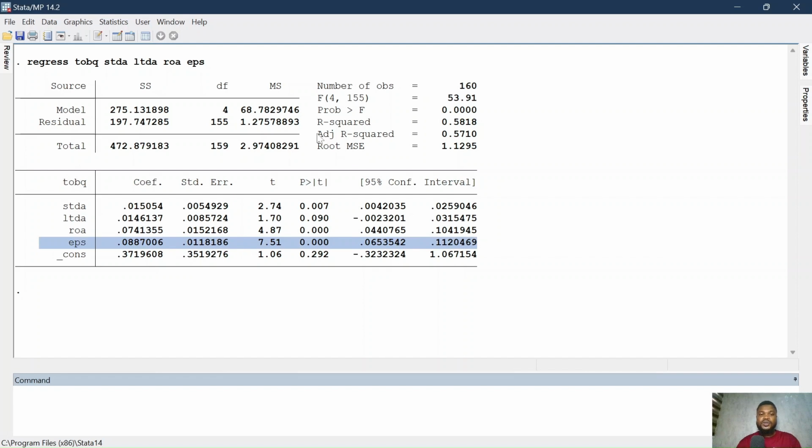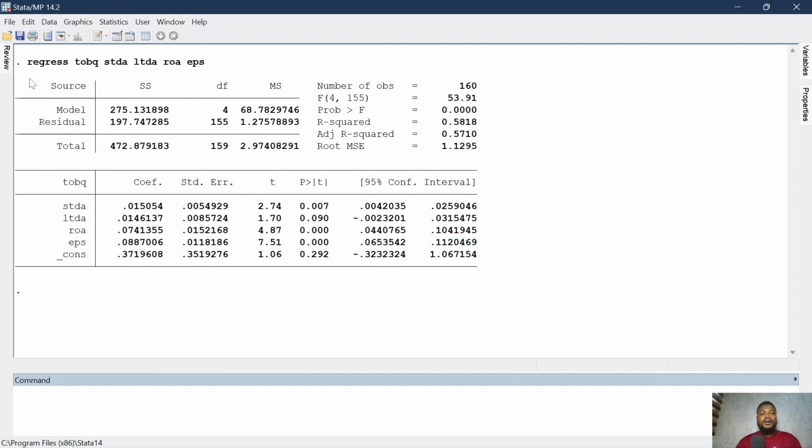So the difference between the adjusted R square and the R square is that while the R square talks about the joint effect of the independent variables on the dependent variable, the adjusted R square is referring to the additional effects of adding one more independent variable as it relates to the dependent variable.